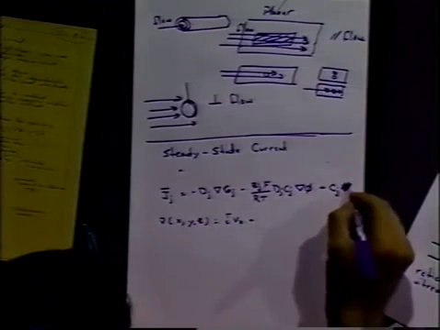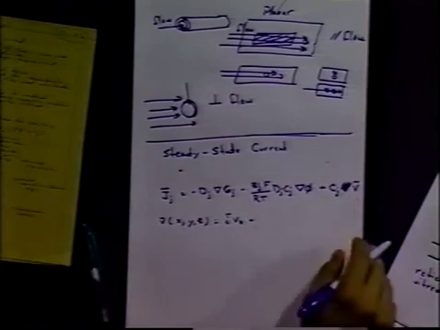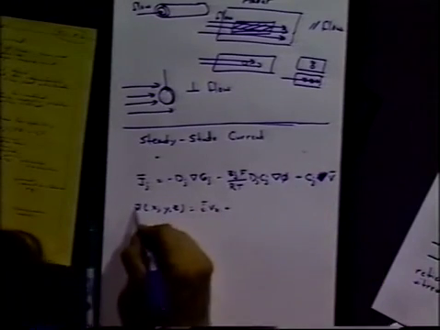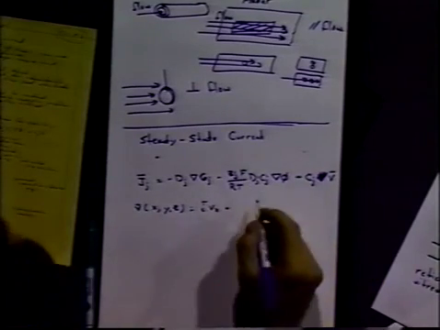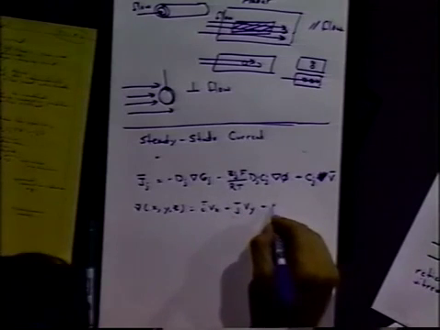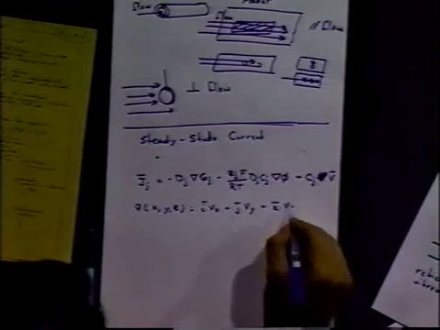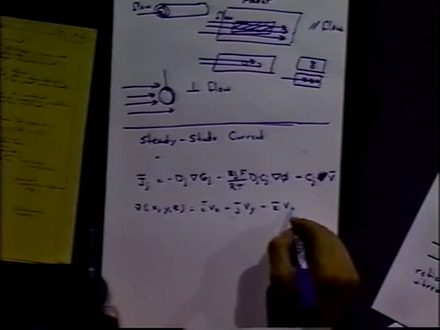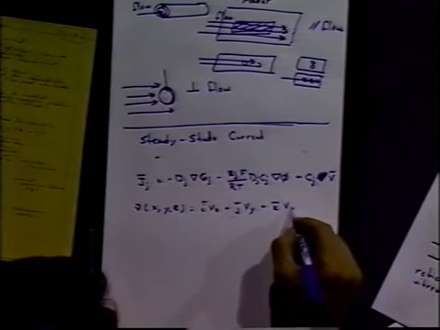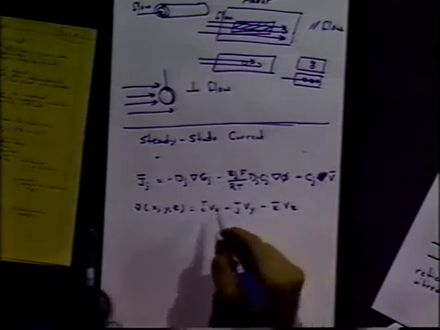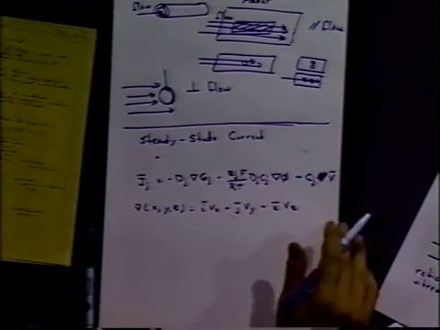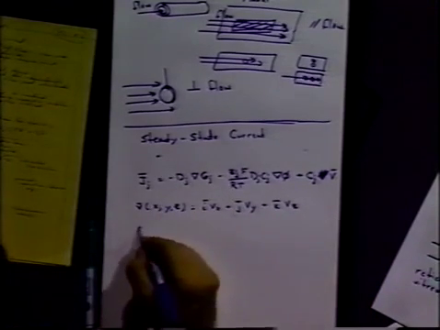Oops, that's not that gradient. What I meant to write there was this V bar. That's what I was confused about for a second. So we have, of course, the movement of the solution with a velocity in any of 3 directions, with our unit vectors and the velocity components in each of the 3 directions.